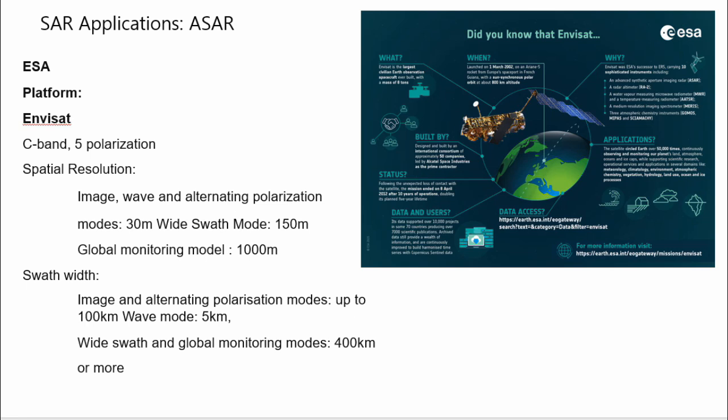One example of SAR is ASAR, launched by ESA. It operates at C-band, and 5 different polarizations are available. The spatial resolution is 30 meters. The wide swath mode is available up to 100 kilometers, wave mode is 5 kilometers, and the global monitoring mode is 400 kilometers.